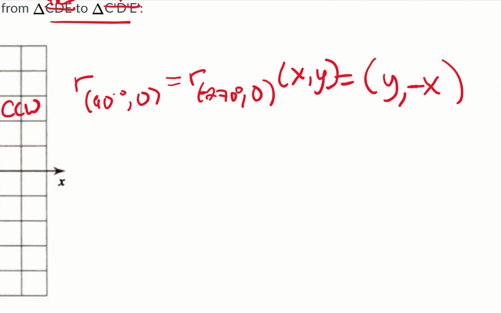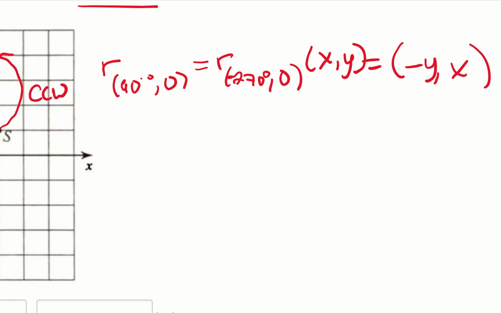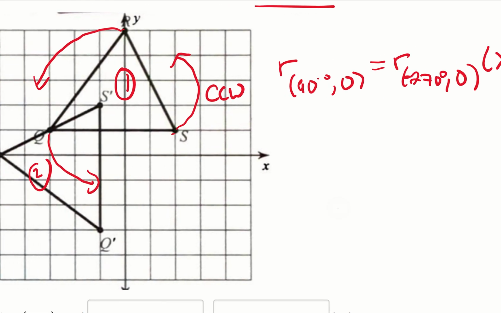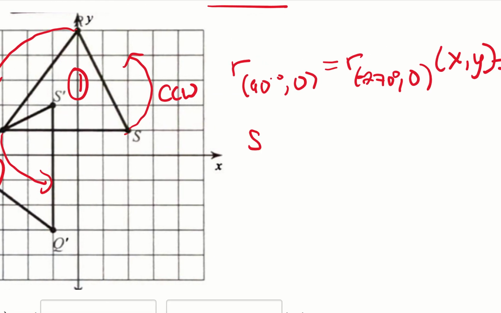All right, so the rule for this is now no longer negative x. It's actually negative y, positive x. So you switch the signs, because you're going the opposite way. That's our rule. And so we're going to take S. S is (2, 1). It's going to transform according to that rule.